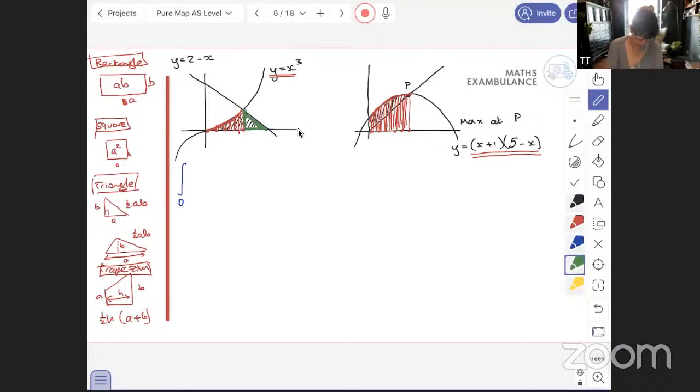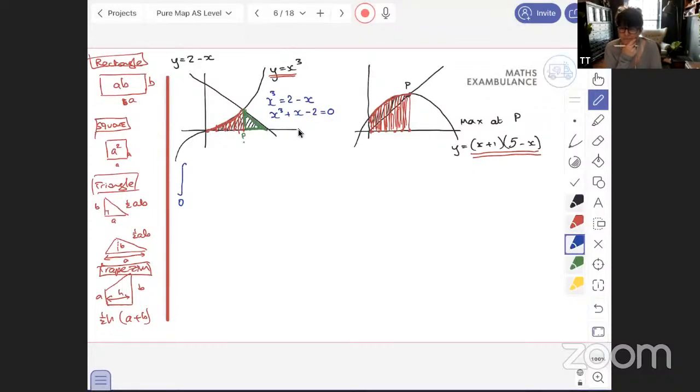So here's the job. I don't know what that is. So this is a simultaneous equations, isn't it? Two graphs crossing. So I need to know, where does x cubed cross 2 minus x? Where does x cubed plus x minus 2 equal 0?